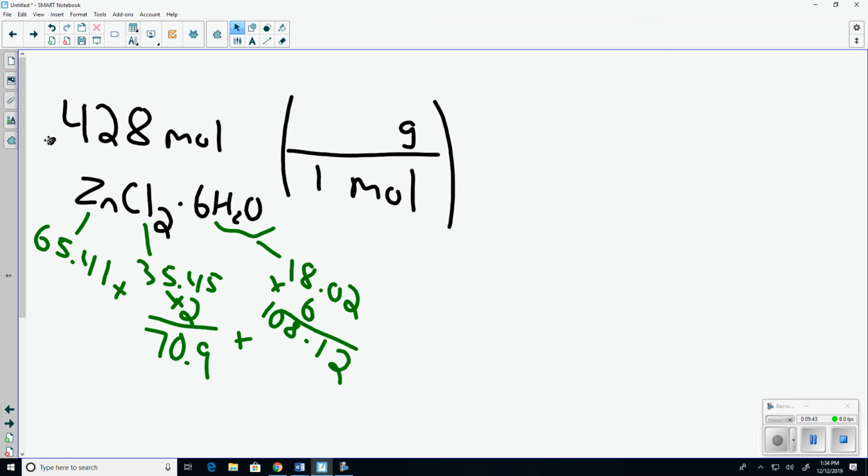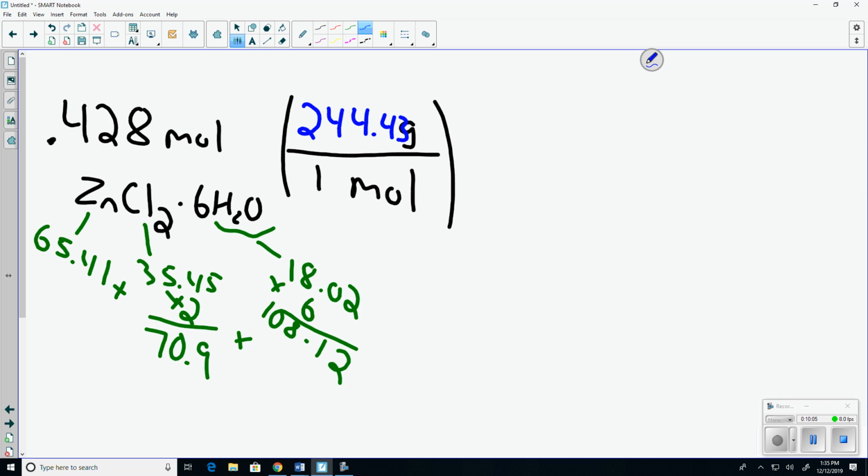And hopefully my answer key is correct when I write this down. 244.43 grams. I think so. So now you do your mole conversion as you normally would. This times that.